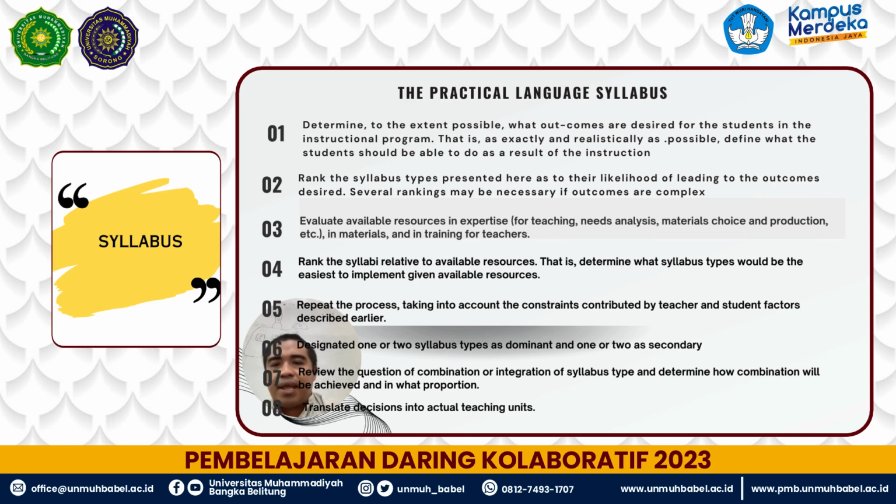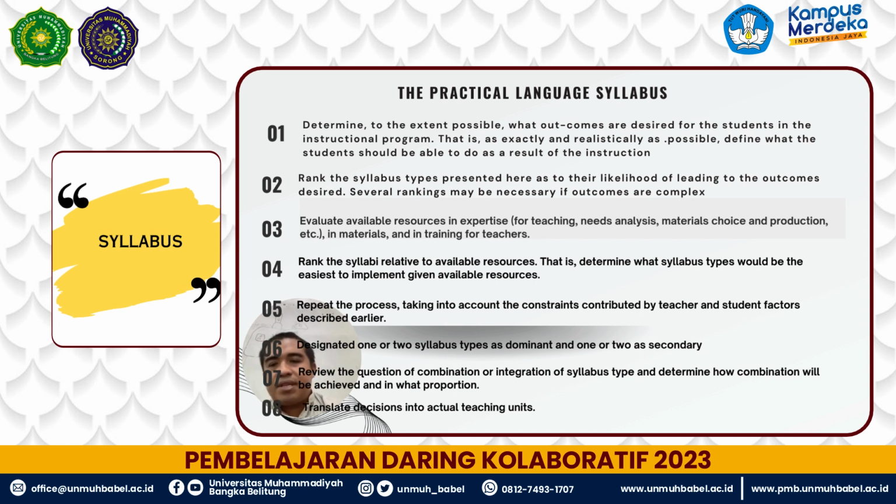And then number four, rank the syllabus relative to the available resources, that is, determine what syllabus types will be easiest to implement given the available resources. And then number five, the process taking into account the constraints contributed by teacher and student factors.